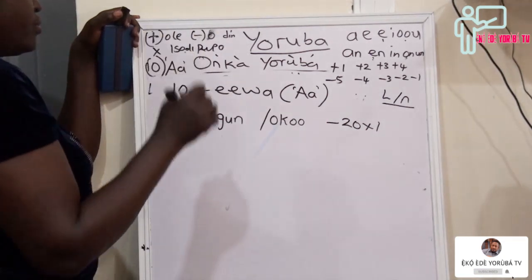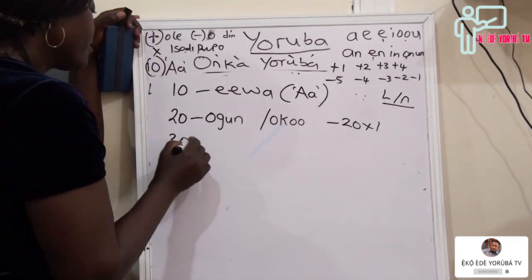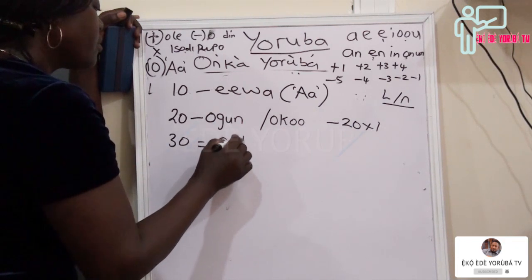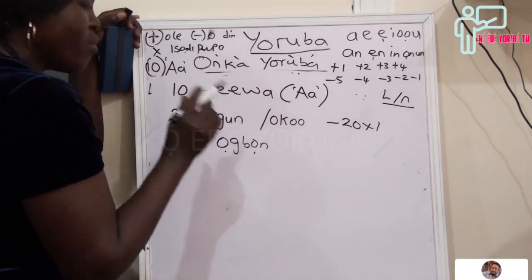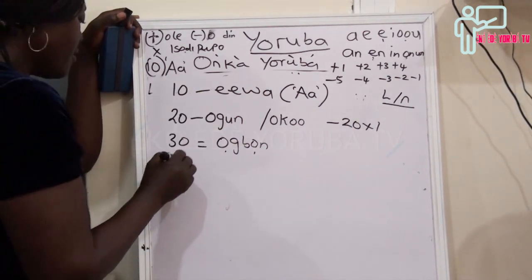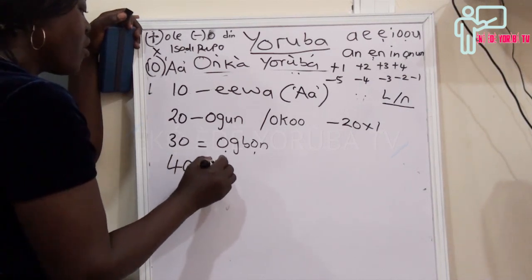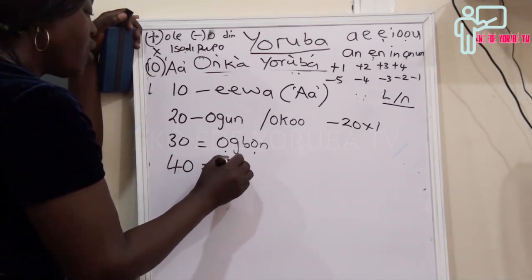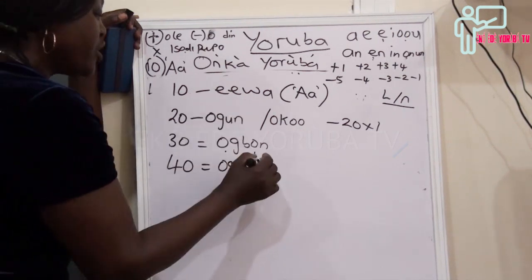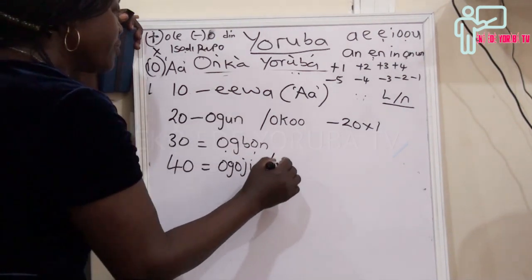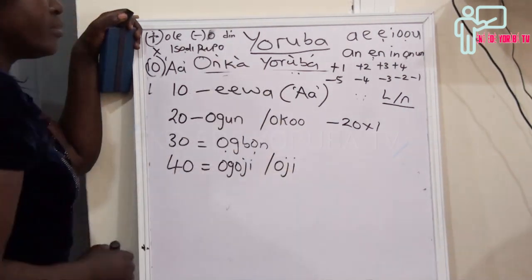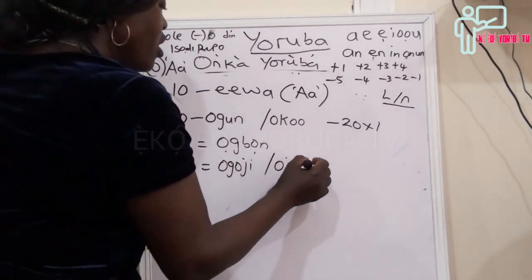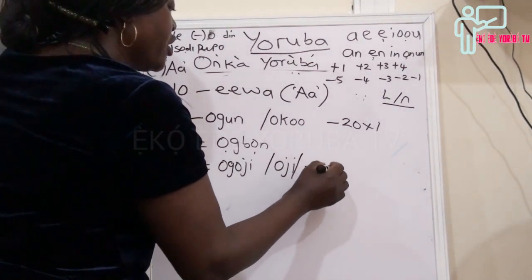Ogún kan. 30 ọgbọ̀n. Call it ọgbọ̀n. 40 we call it ogójì, which is òjì, because we can see ogún méjì in it.